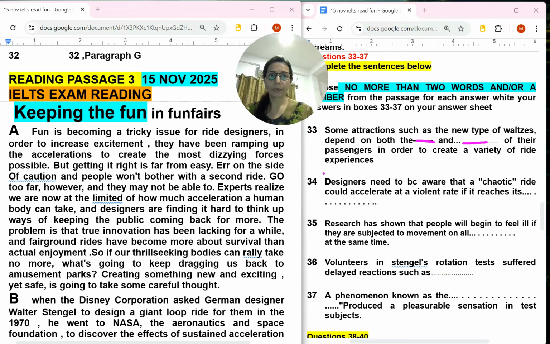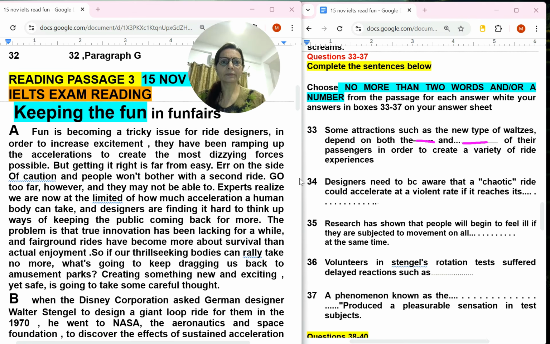So let's start with this. I have taken my pen. The instructions we have already read: choose no more than 2 words and or a number. Here we can use one word also, 2 words also, and or a number also. Okay, so let's read 33 number. Some attractions such as new type of waltzer depend on both dash and dash. This is my keyword which will take us to the location in the paragraph.